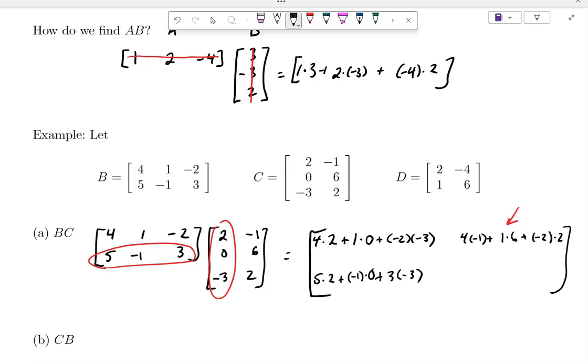So again, visualizing it, I'm taking this row and matching it with that column, right? Making the entries line up. What's the last one going to be? Okay, 5 times negative 1. Negative 1 times 6. And 3 times 2. Do we see where those are coming from?